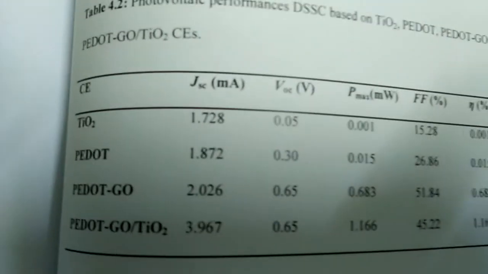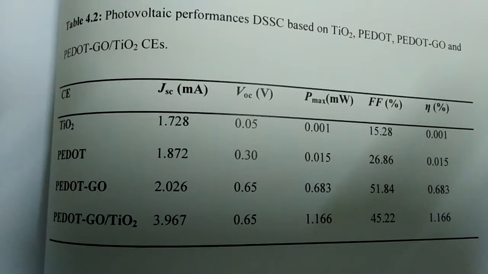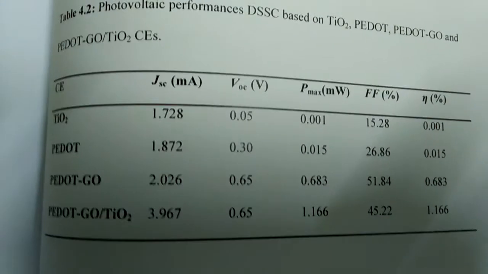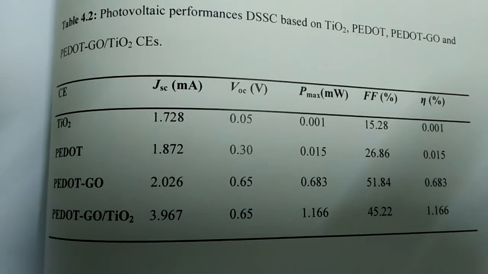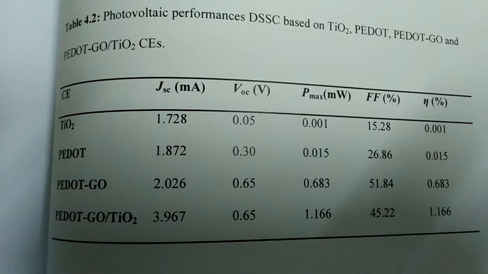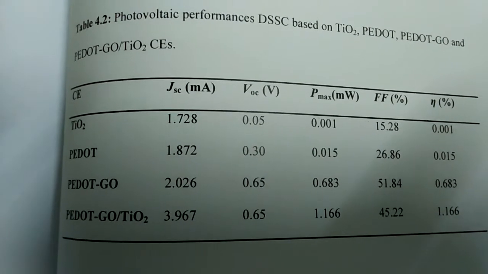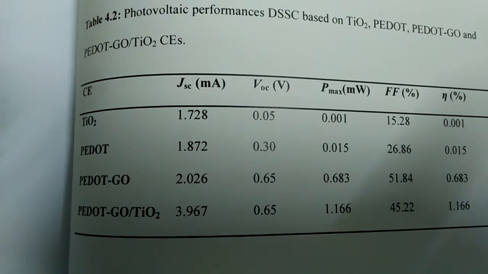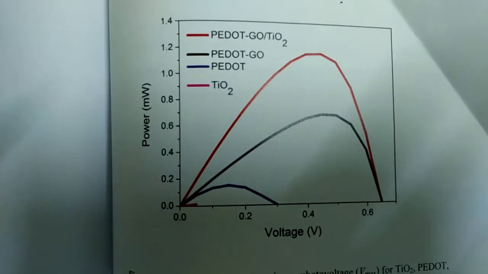In the end, you can also plot a table like this, including the JMax, JSC, VOC, PMax, FF, and efficiency. If you watch the other video that I posted, maybe your material can't measure the fill factor. In that case, you must calculate the PMax first and use the formula to calculate the fill factor before you can calculate the efficiency.